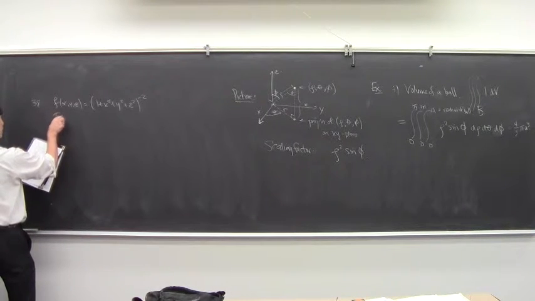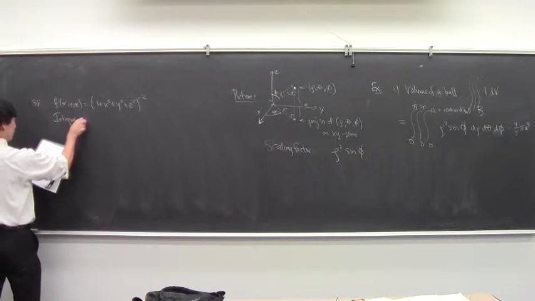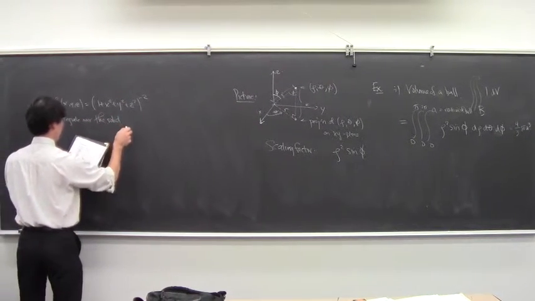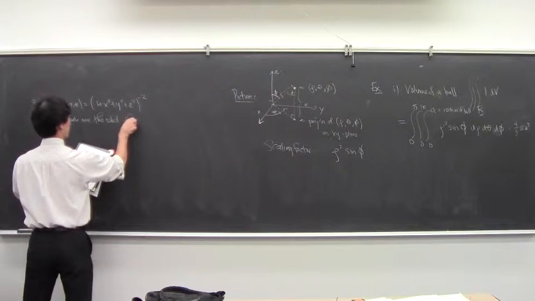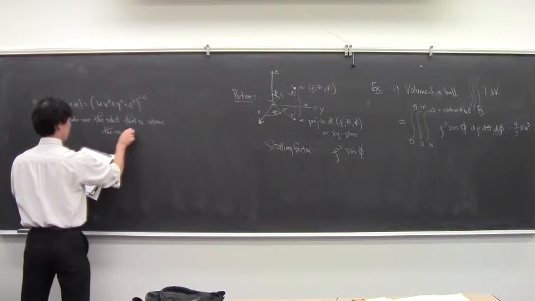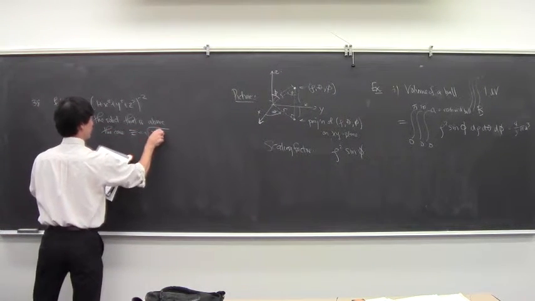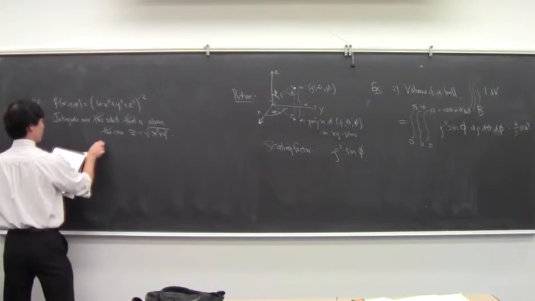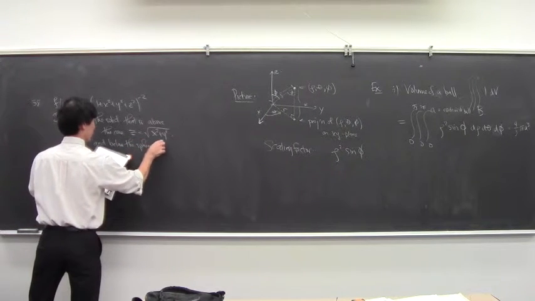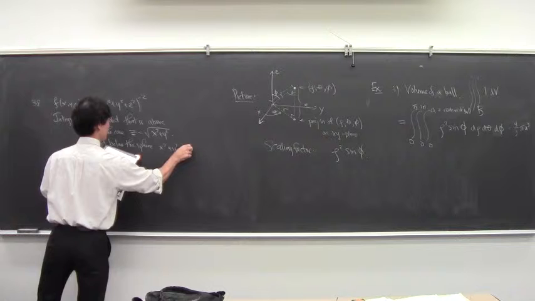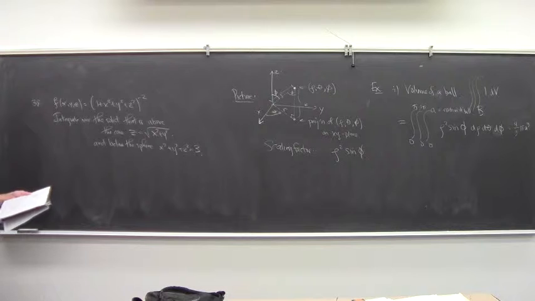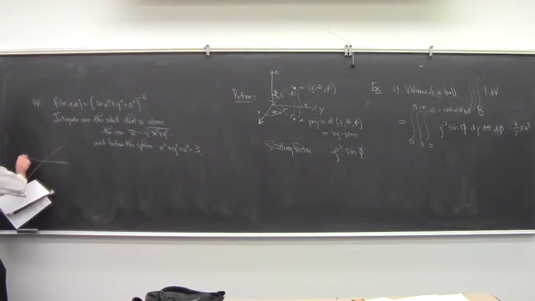And you want to integrate over the solid that is above the cone z equals root x squared plus y squared, and below the sphere x squared plus y squared plus z squared equals 3. So this is exactly that ice cream cone that we were dealing with before.